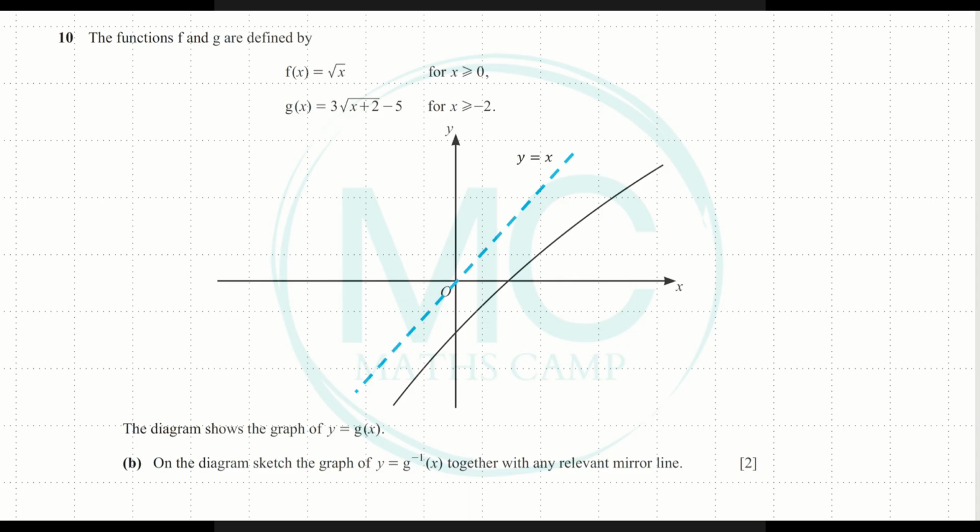So here we can see that g of x has an x-intercept where x is positive, which means the inverse will have a y-intercept where y is positive. It has a y-intercept where y is negative, so the inverse will have an x-intercept where it is negative. And you can sketch your graph like this. Remember to label your graph as well, as without this you may lose a mark in your exam.